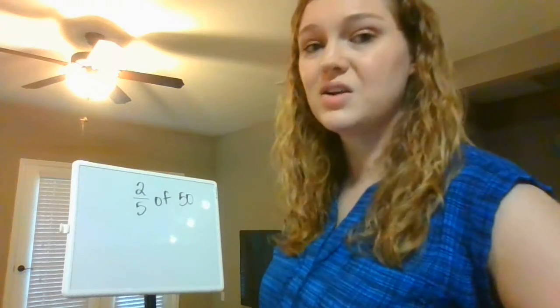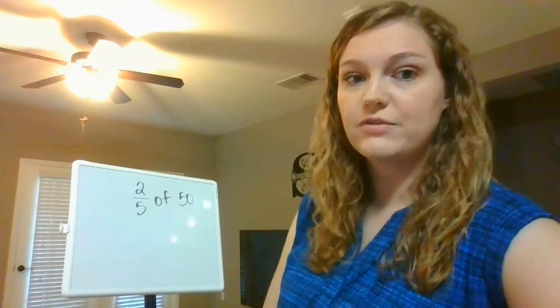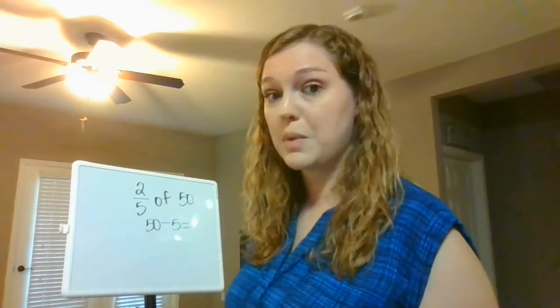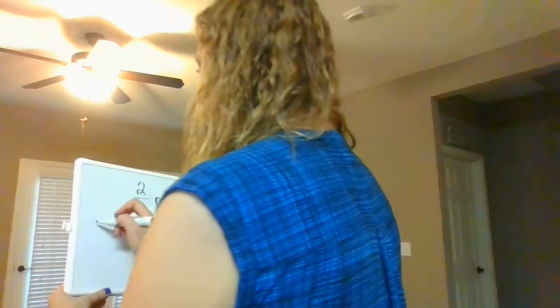Well, first we need to know what 1/5 of 50 is, meaning we need to divide 50 into 5 groups. As you all know, 50 divided by 5 is 10.